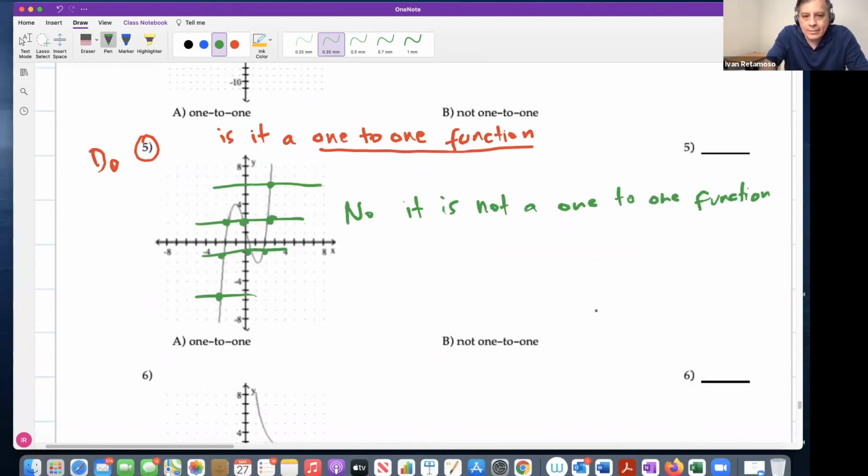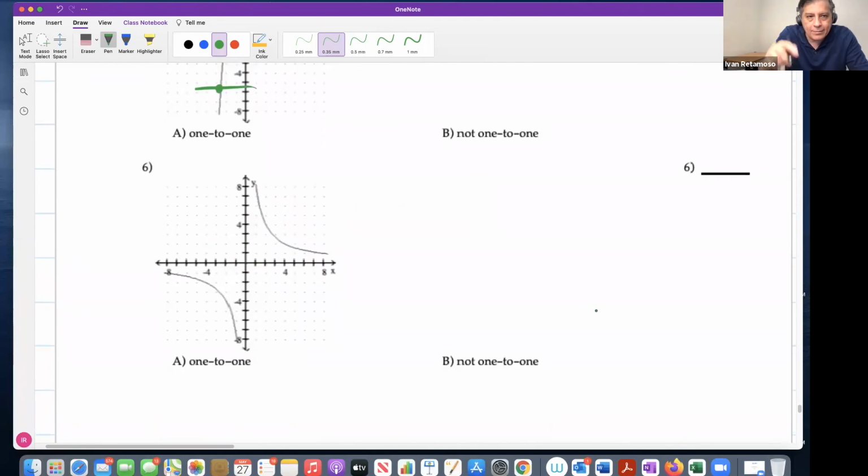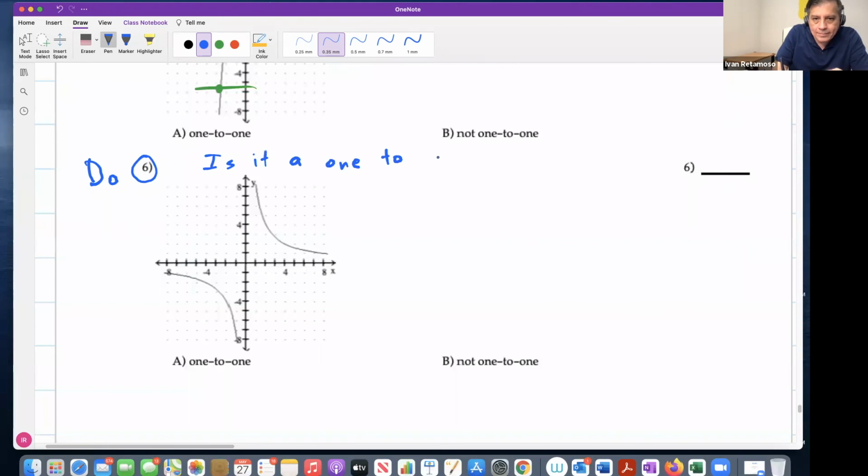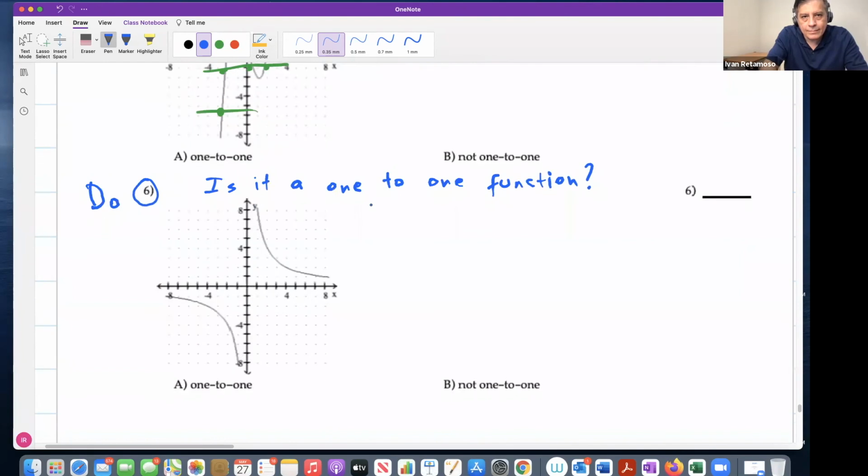Great. Now let's go over the last one, which is a bit tricky. Let's finish with this, and I will give you some hints, and we will wrap it up. Do this one, number 6, please. Is it a one-to-one function?